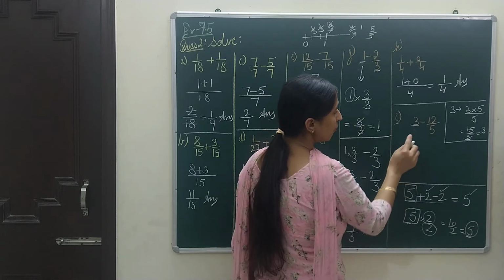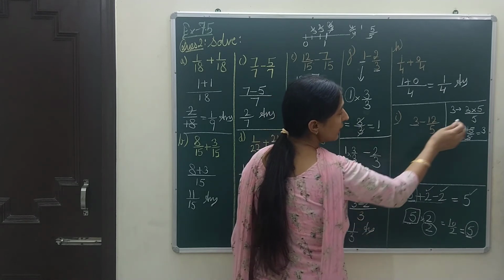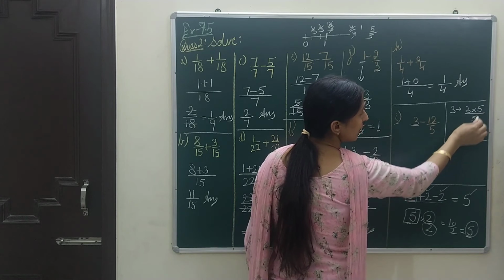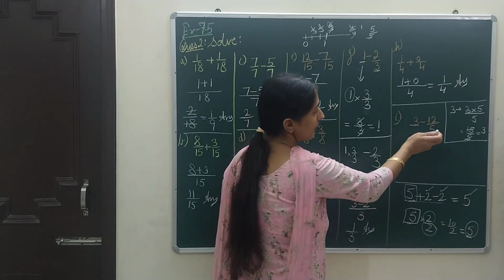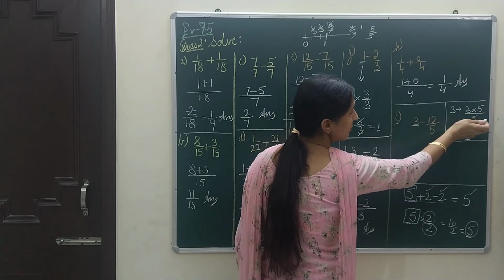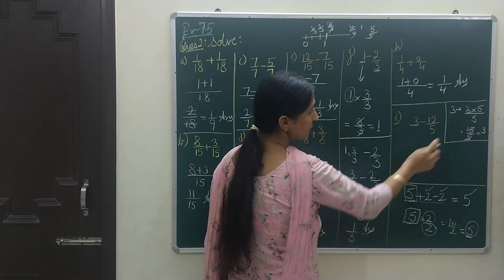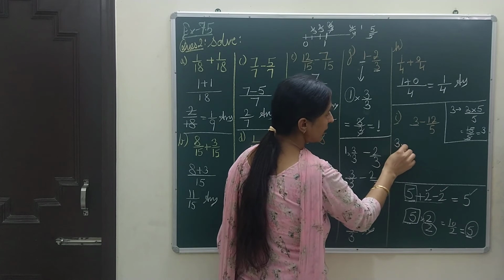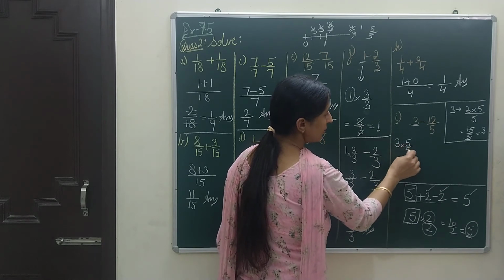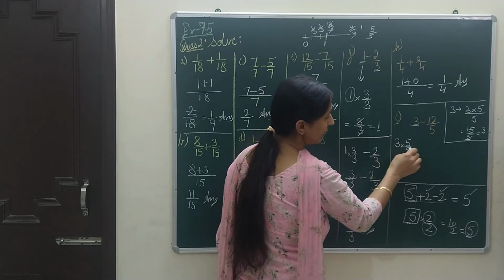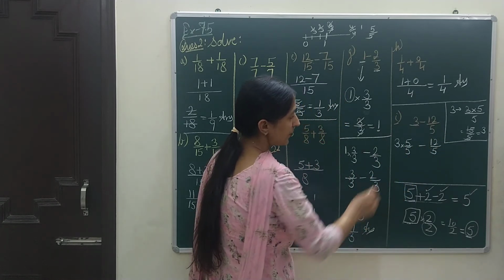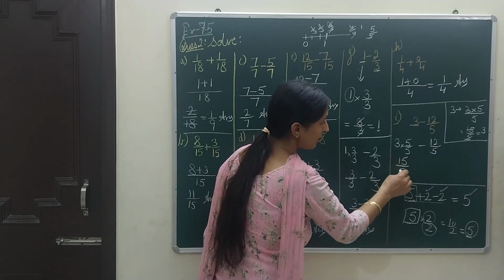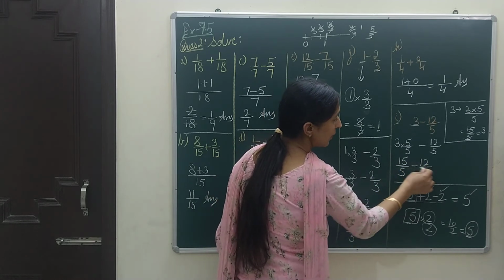What you have to keep in mind is only this, that the same number is to be multiplied in the numerator and denominator, whatever is required. Here the required number is 5, so I have written 5 in both places. So I will write 3 along with 5 in both numerator and denominator, and the other statement will remain the same. Now it will be 15 by 5 minus 12 by 5.